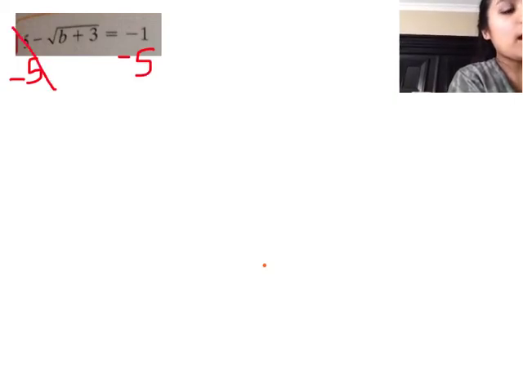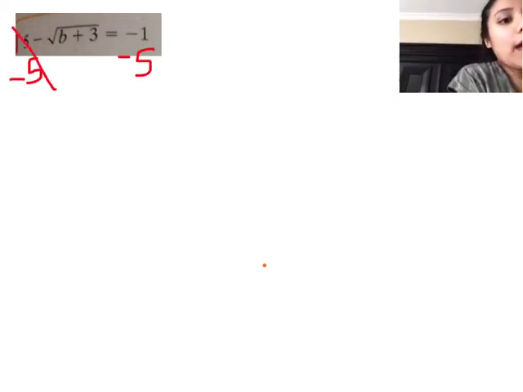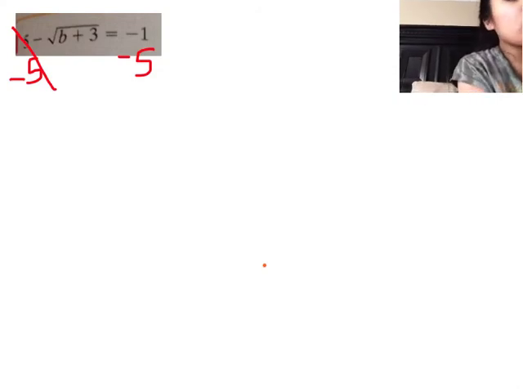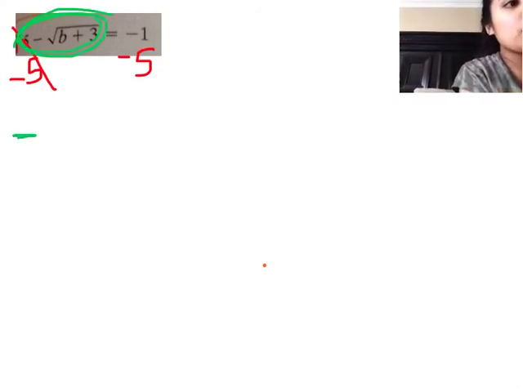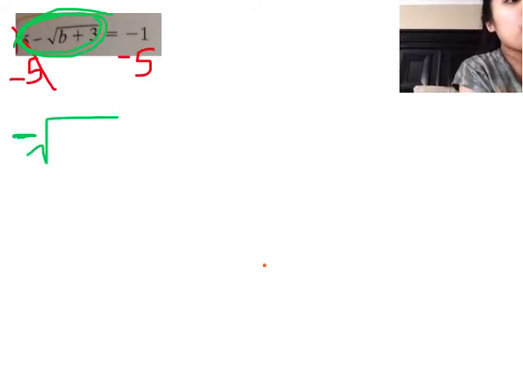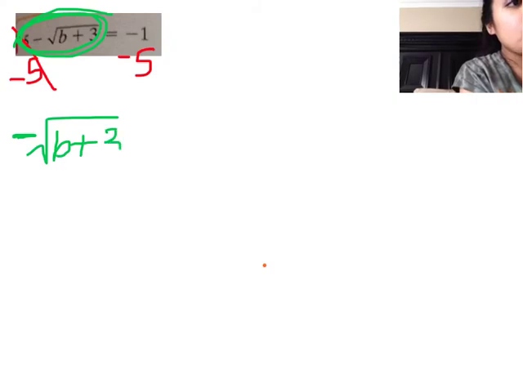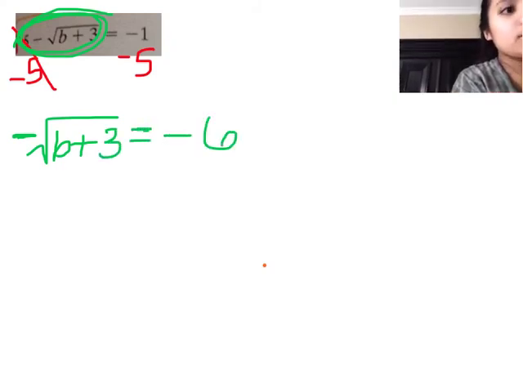And so then I need to remember that I'm dropping down everything I have, including the negative, that negative that you don't have anything in front of now. So negative square root of b plus 3 equals negative 1 minus 5, which is negative 6.